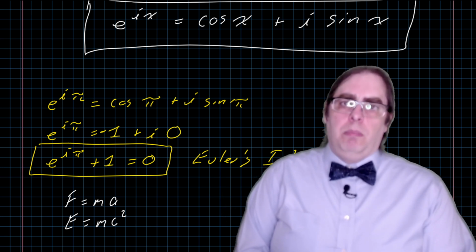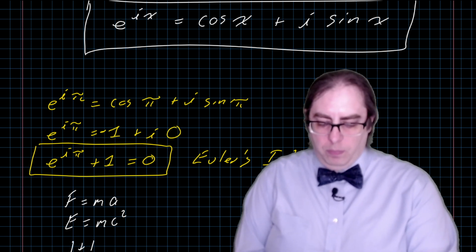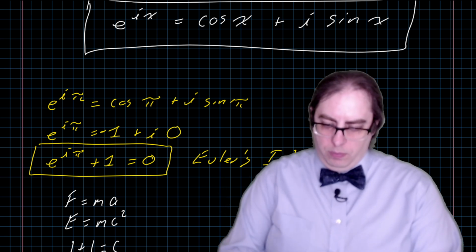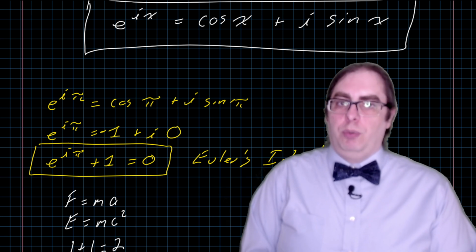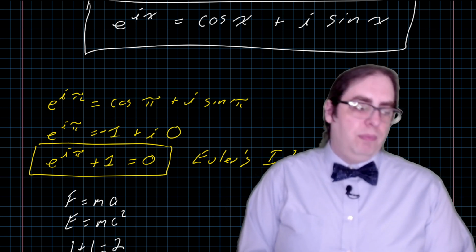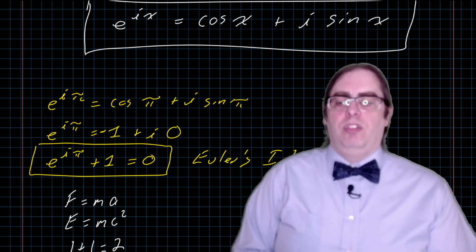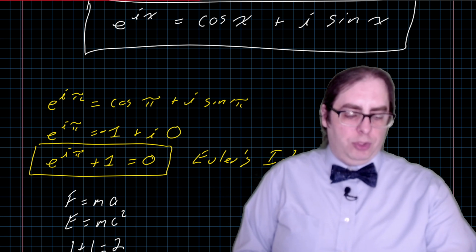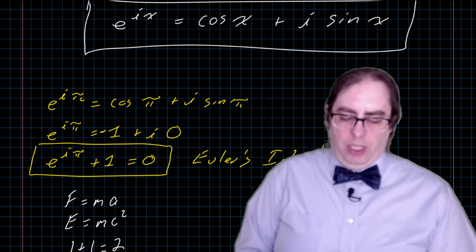And the most beautiful equation ever written according to this poll was the definition of the number 2. 1 plus 1 equals 2. So that is the level to which this equation is elevated in the pop culture of mathematics. Does it deserve that? I don't know.